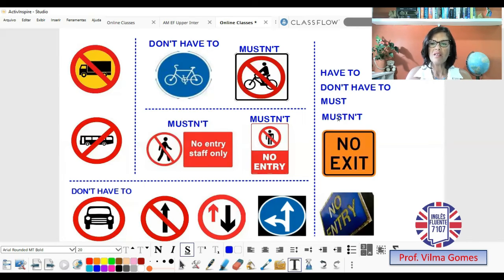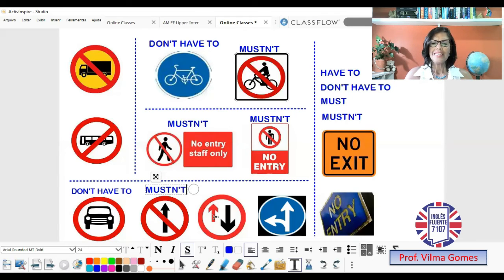So I have here a prohibition. So you can go with your car in this area, that's okay. But when you get to this point, you can't proceed. You can't go straight ahead, right?